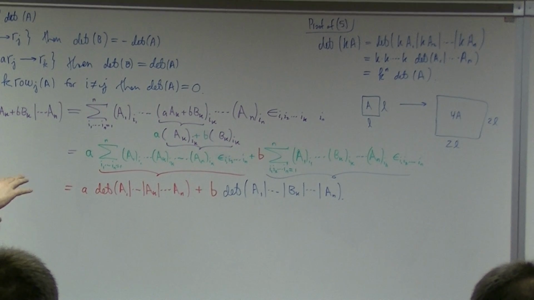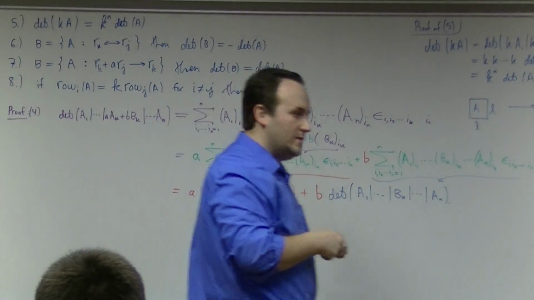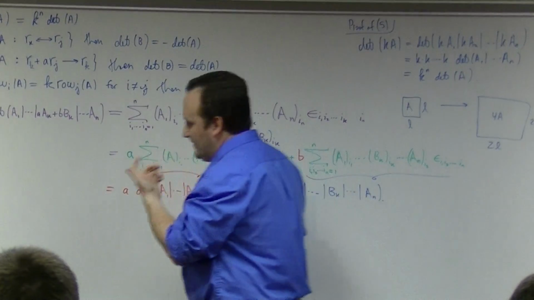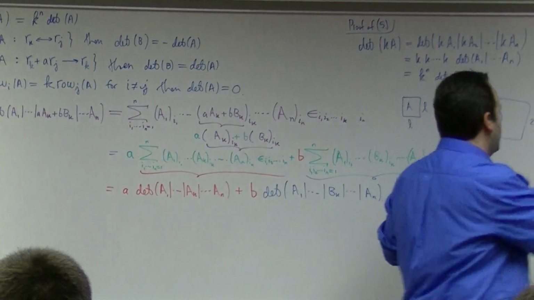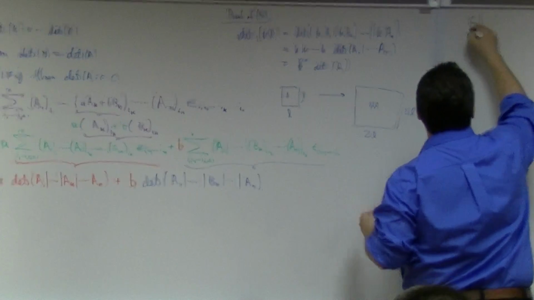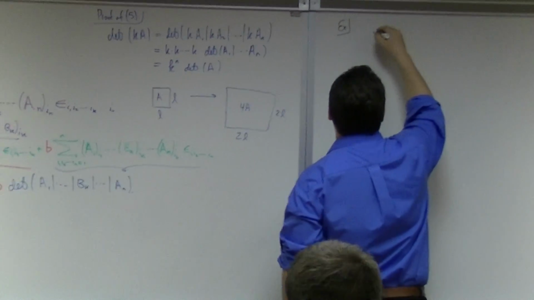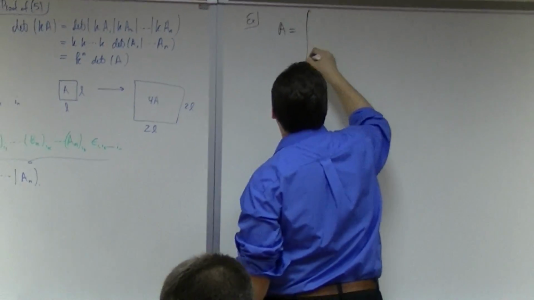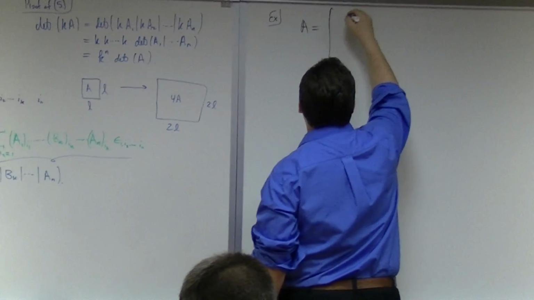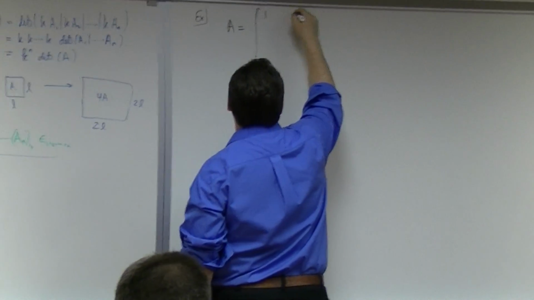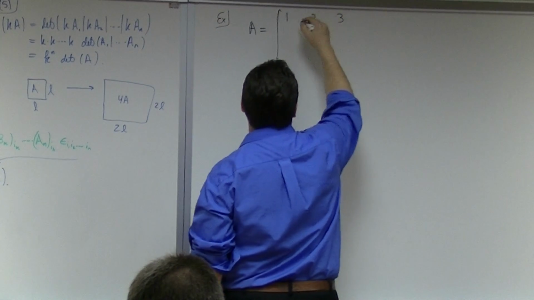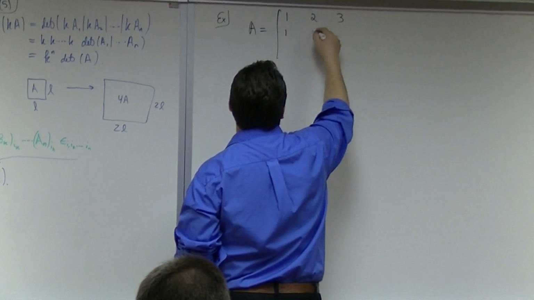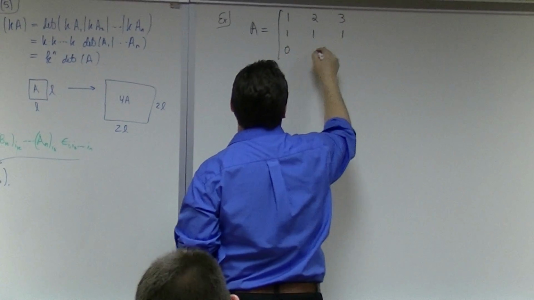I think it'd probably be good for me to work on a short numerical example to exhibit these properties. Basically, you can use row reduction in a sense to do determinants, in view of these properties. So suppose I have A equals 1, 2, 3, 1, 1, 1, and 0, 1, 0.